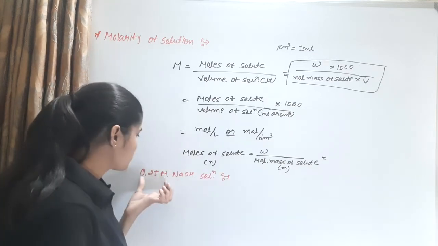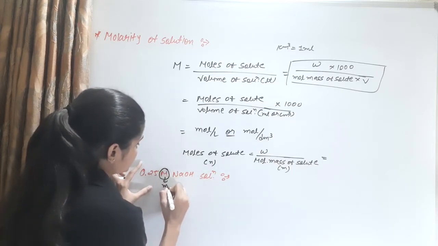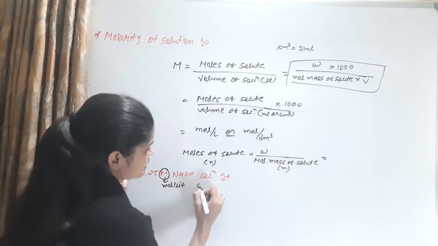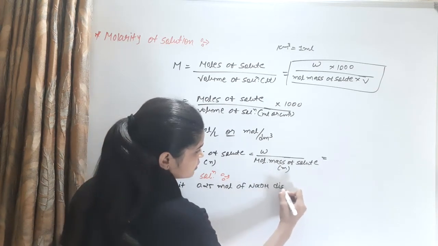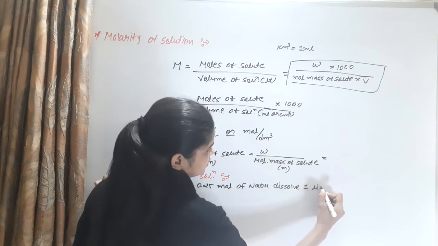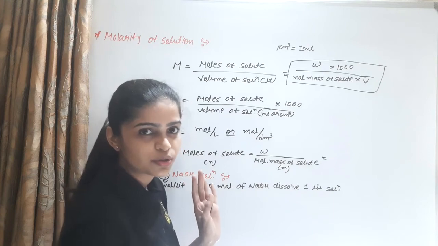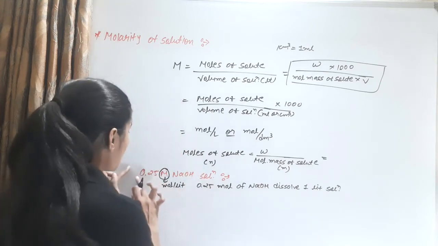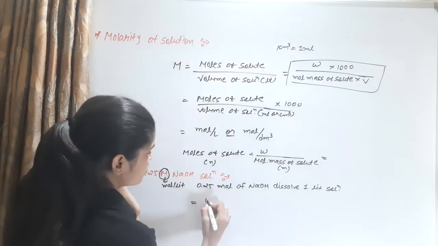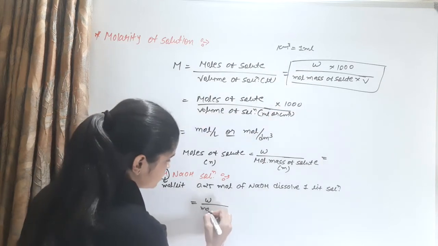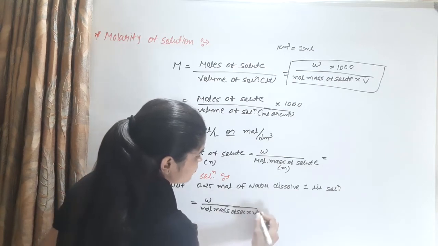What is the meaning of a 0.25 molar NaOH solution? We know that the unit of molar is mole per liter. That means 0.25 mole of NaOH is dissolved in 1 liter solution. Now, how to find the 0.25 value? We know this is W upon molecular mass of solute, multiplied with volume.